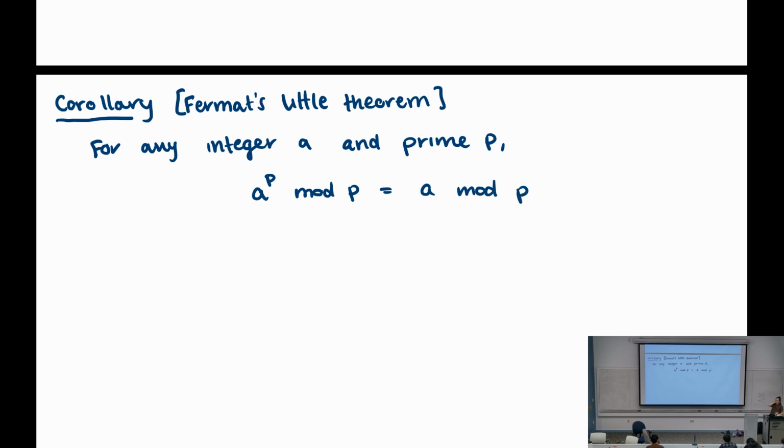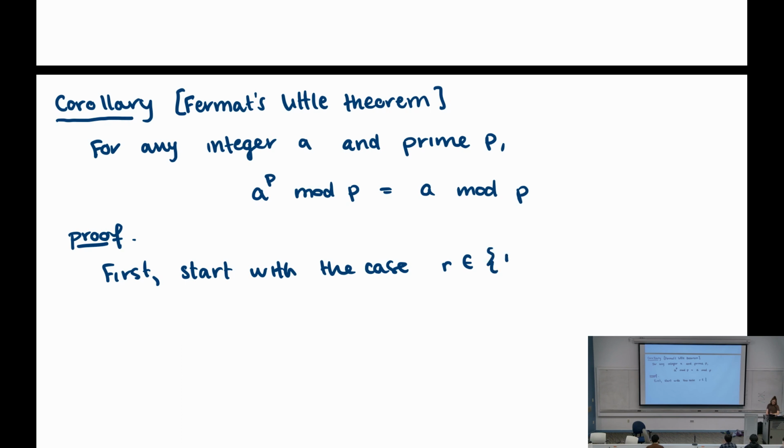Okay, so we're going to prove this using Lagrange's theorem. First, I'm going to start with the case where I have a number between 1 and p minus 1 and prove it just in this case.